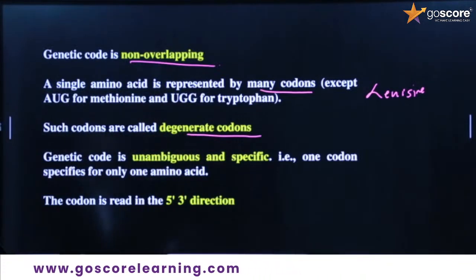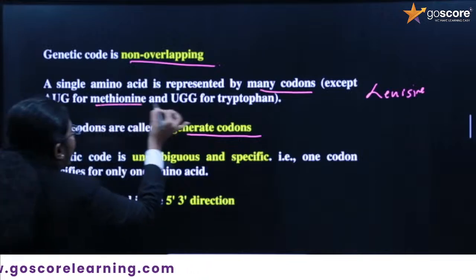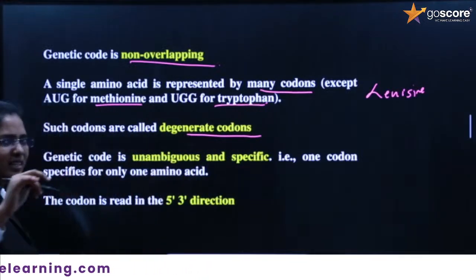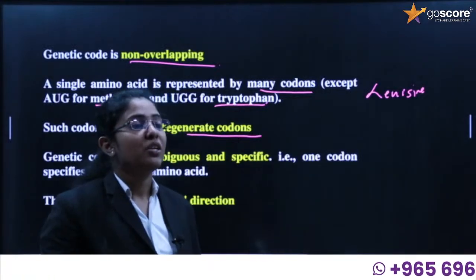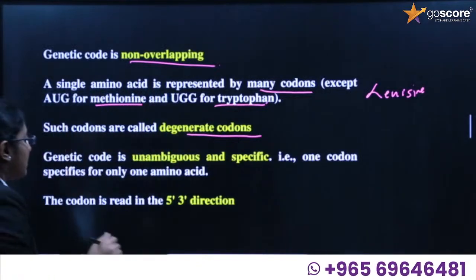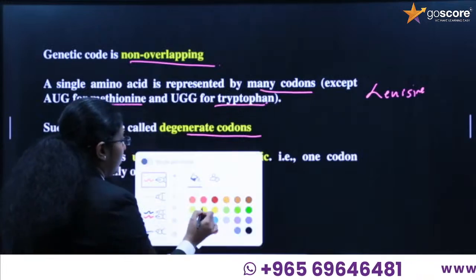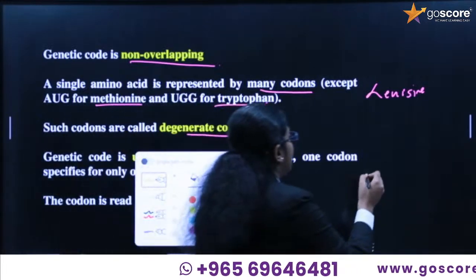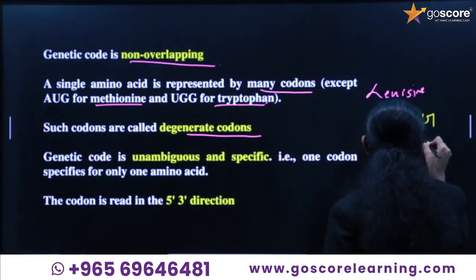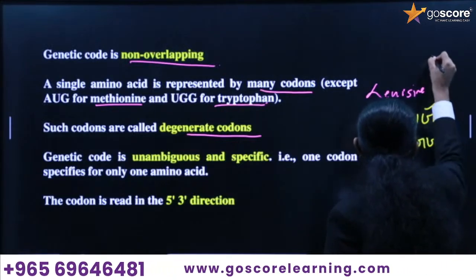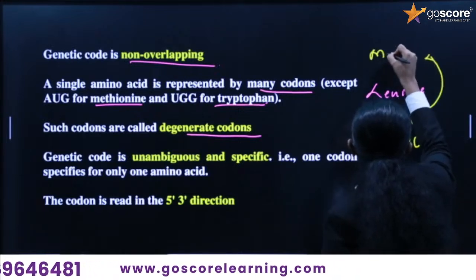And there is an exception for methionine and tryptophan. Dear students, CBSE has a tendency to ask the exceptions in particular. So you have to study what is coding for AUG and what is coding for UGG. AUG codes for methionine.